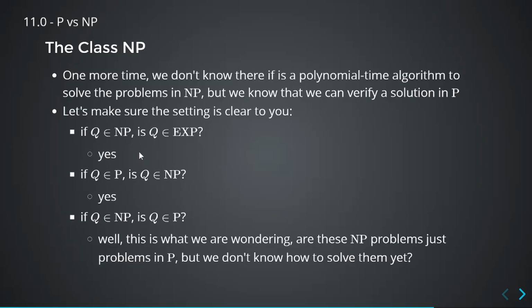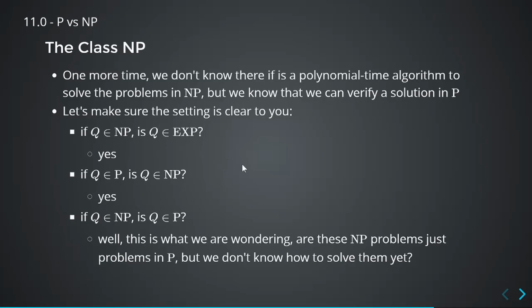And just one more time to make sure that everything is clear to you. If Q is in NP, is Q also in EXP? The answer is yes. Because the problems in NP, you can actually do them in exponential time. That's the brute force method of doing it. So if the problem is in NP, it is also in EXP.